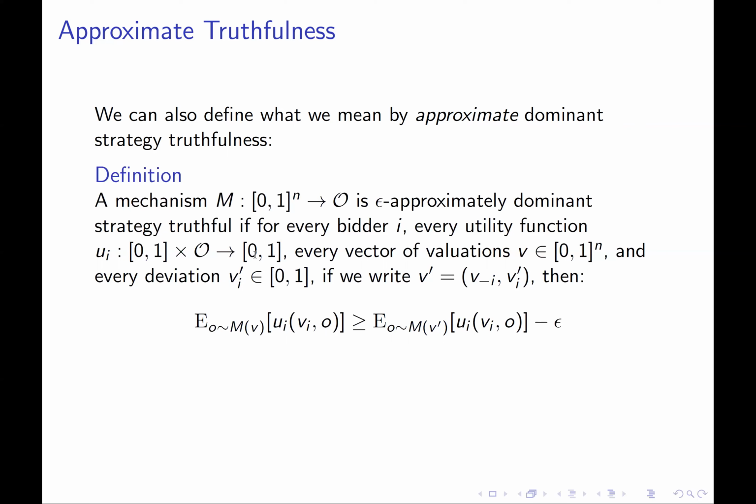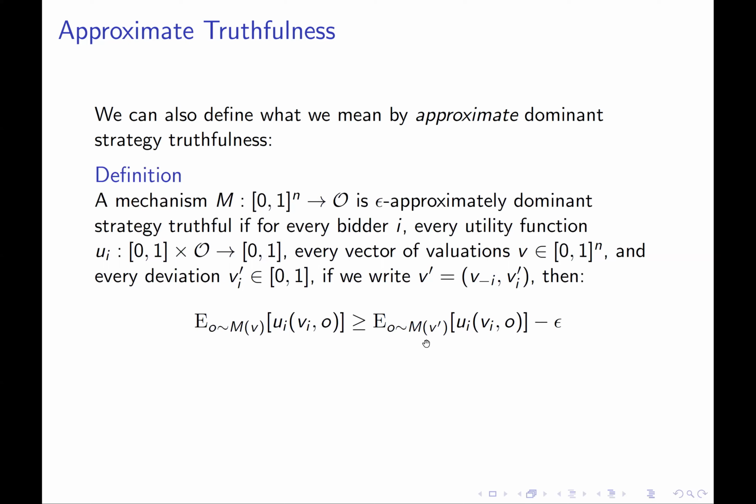What approximate dominant strategy truthfulness means is that no matter what everyone else reports, it should be an approximate dominant strategy for you to report truthfully. Meaning, if you report truthfully, your expected utility over the randomness of the mechanism should be at most epsilon worse than your expected utility if you misreport.